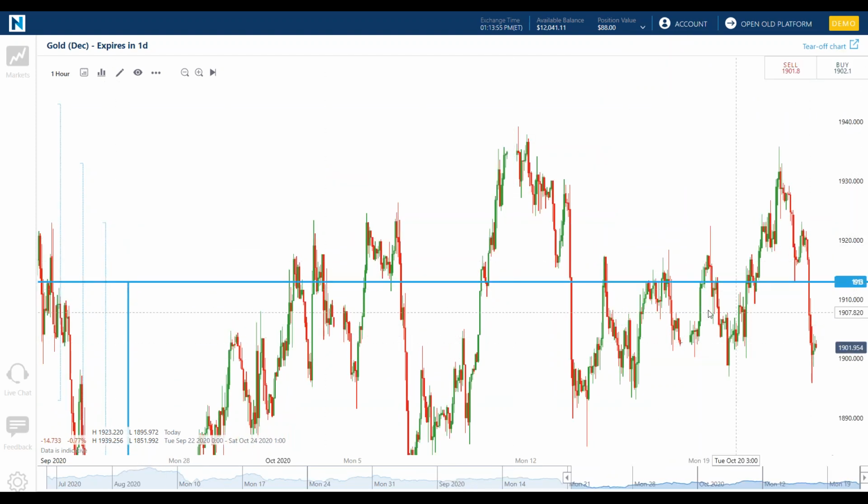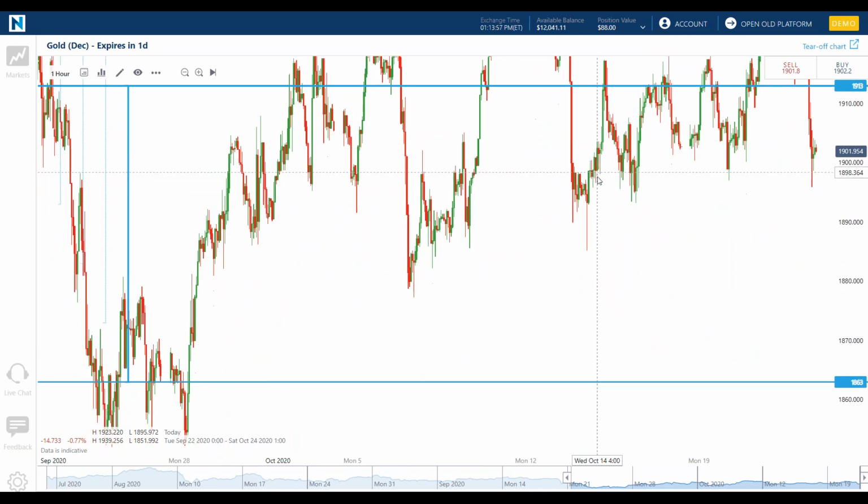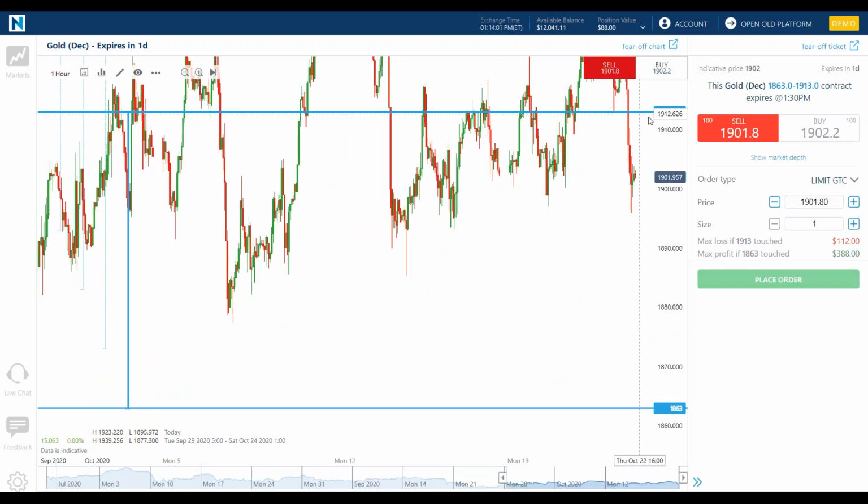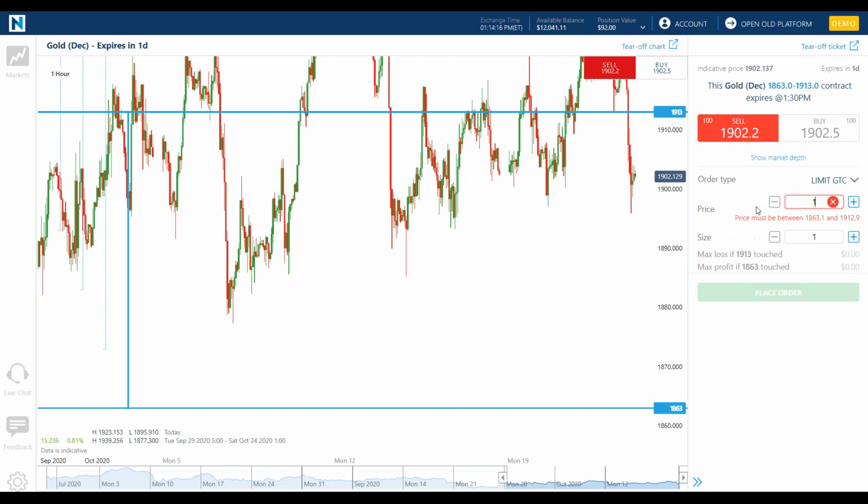You can choose a contract that's got a different range, okay? And here, maybe if I think it's going to go lower, I want to sell it. I think gold's going to just drop out. I could choose to sell a contract. Let's assume I sell it at 1902. Let's just put in a nice even number.